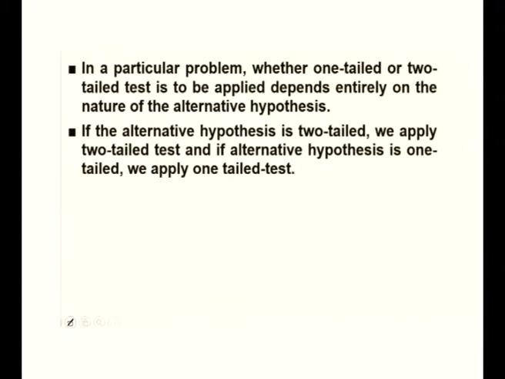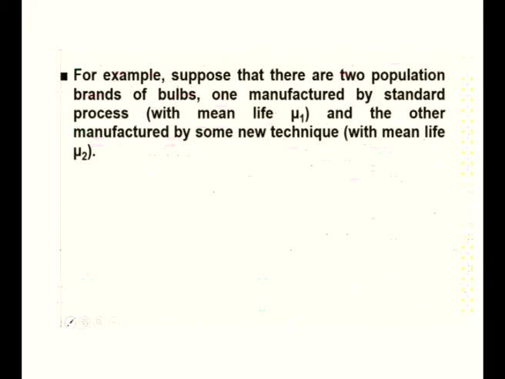So, in a particular problem, whether one-tailed or two-tailed test is to be applied depends entirely on the nature of the alternative hypothesis. If the alternative hypothesis is two-tailed, we apply two-tailed test, and if alternative hypothesis is one-tailed, we apply one-tailed test. For example, suppose that there are two population brands of bulbs, one manufactured by standard process with mean life mu1, and the other manufactured by some new technique with mean life mu2.